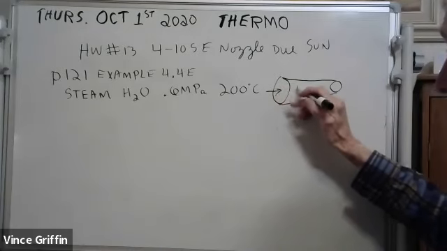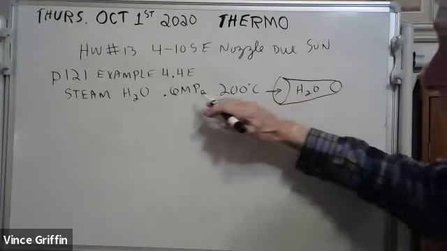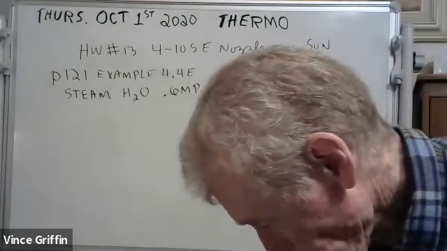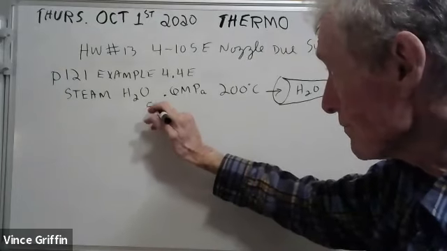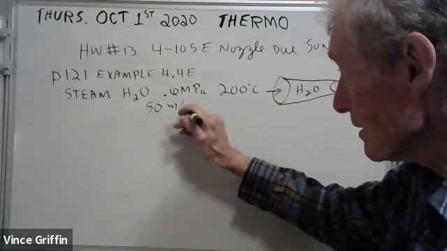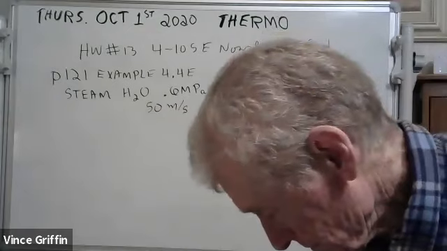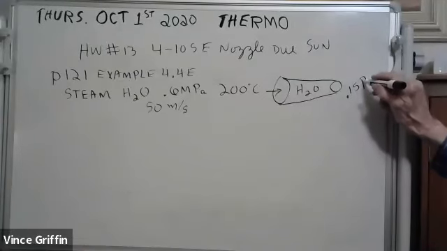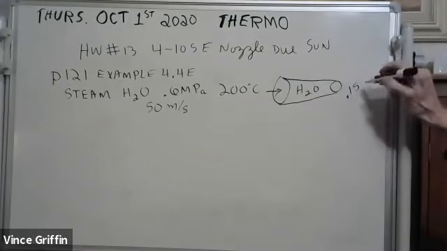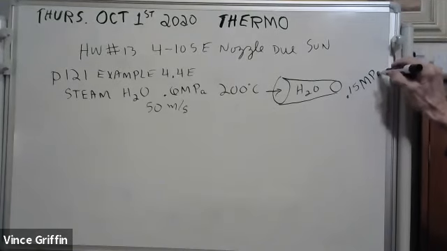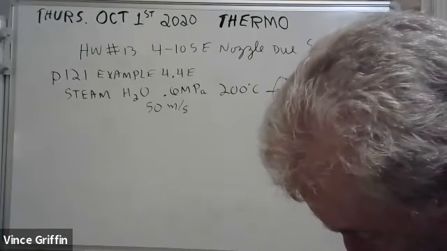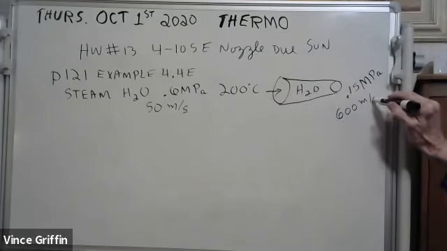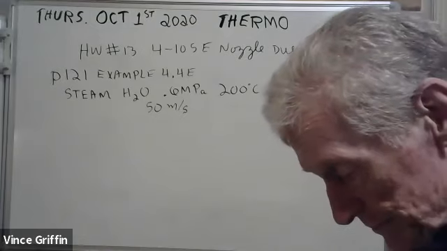And here comes this steam at 0.6 megapascals, 200 Celsius. And it has a velocity of 50 meters per second. Now it leaves at 0.15 megapascal with a velocity of 600 meters a second. Hey, it speeds up.